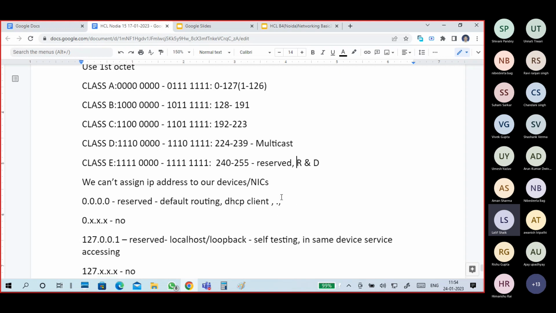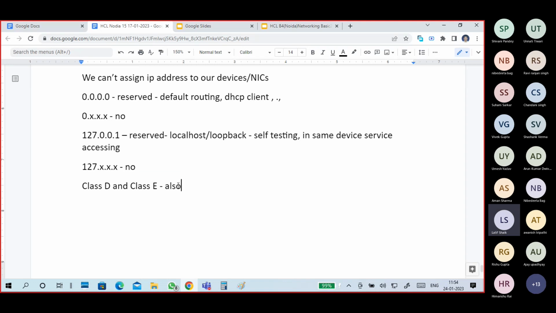They're kept aside. We don't use it. And class D is a multicast address, and we can't assign it to any device. It is used by certain services.